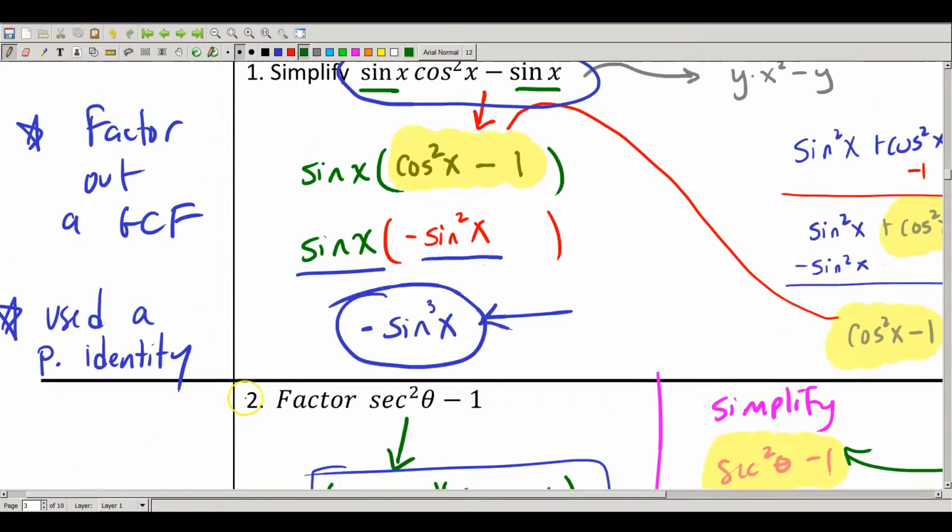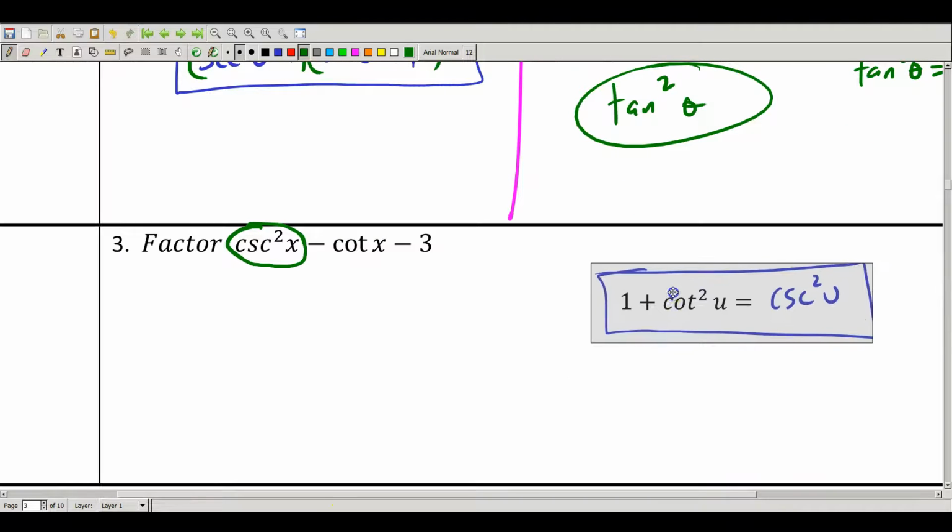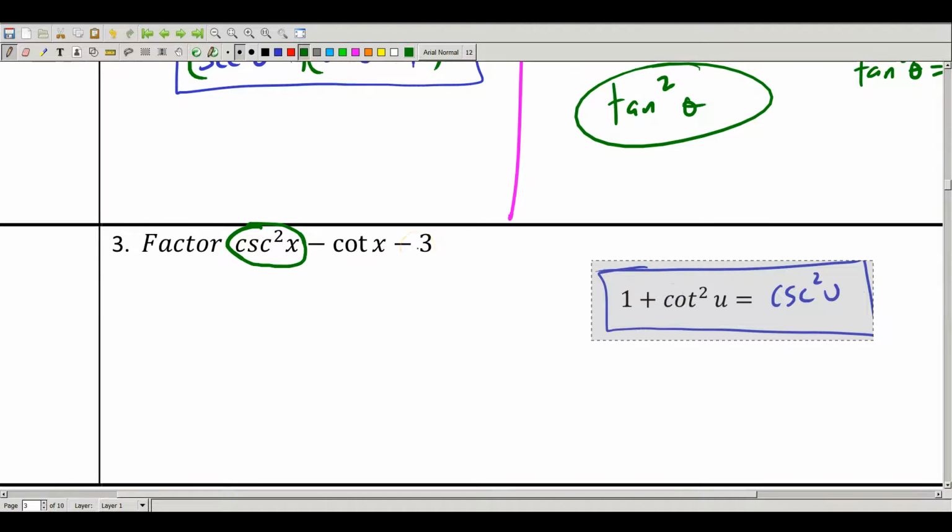Okay, so in this problem, we're going to factor it, but before we factor it, we're going to use a trig identity so that we can write this expression with similar terms. Let's use this Pythagorean identity that says cosecant squared is equal to 1 plus cotangent squared.